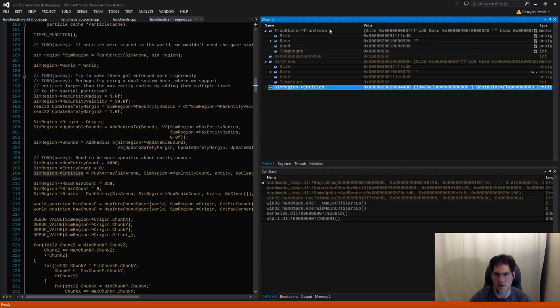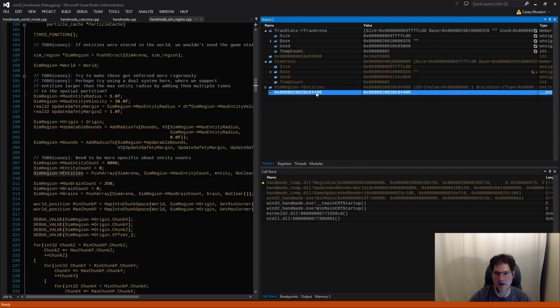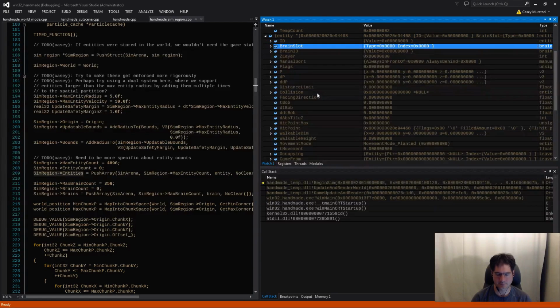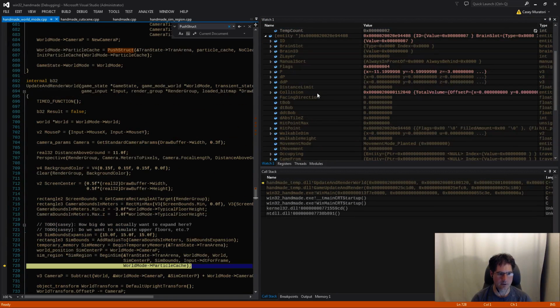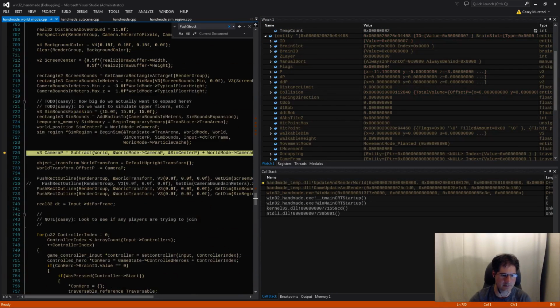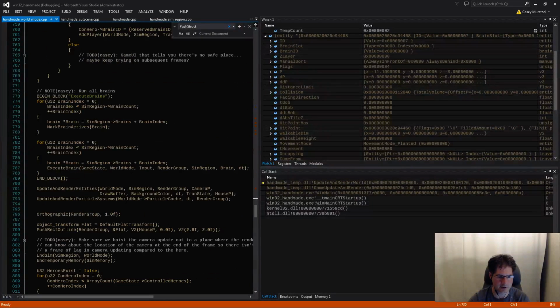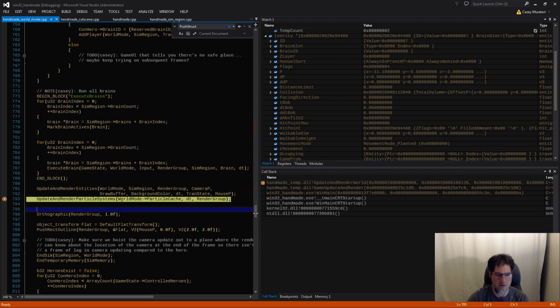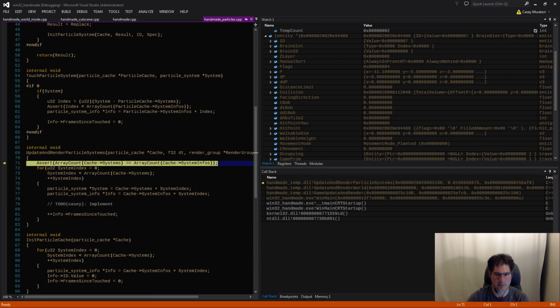So I'm going to take this pointer and look at this pointer as an entity, and I'm just going to keep on looking as an entity when we step out of this routine and update those particle systems. So we come down here to update and render particle systems. I jump down. The flags are set to what? 4. Okay, let's see what happens.